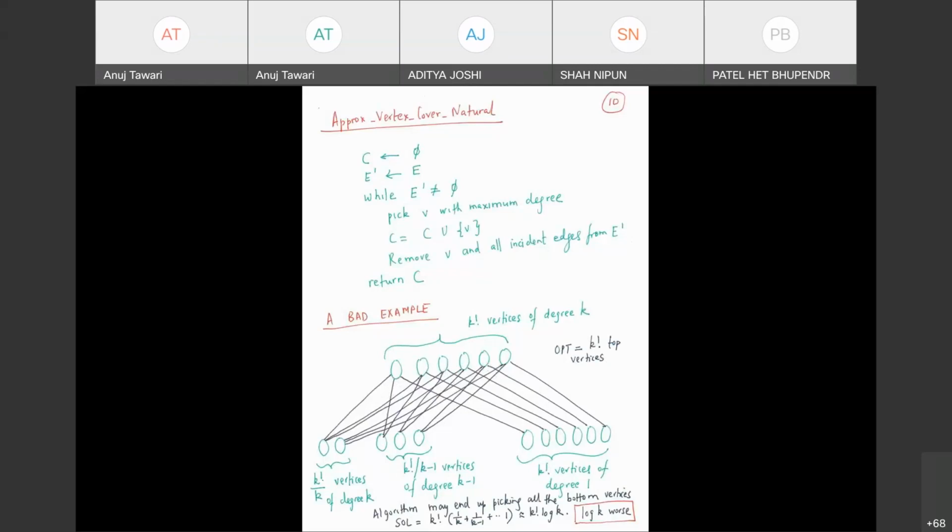So one natural vertex cover is to pick all the k factorial vertices at the top, which gives a vertex cover of size k factorial. And it turns out that this is in fact the optimal vertex cover.